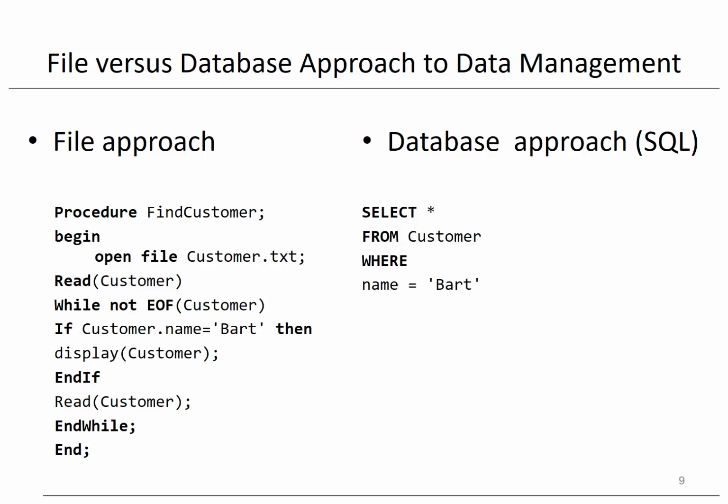In the database approach, we only need to specify what data we are interested in and no longer how we should access and retrieve it. This substantially facilitates the development of database applications because we no longer need to bother with writing complex data retrieval procedures.